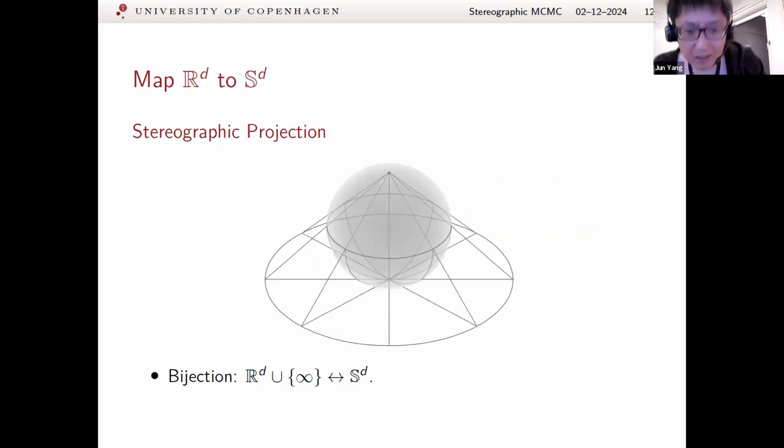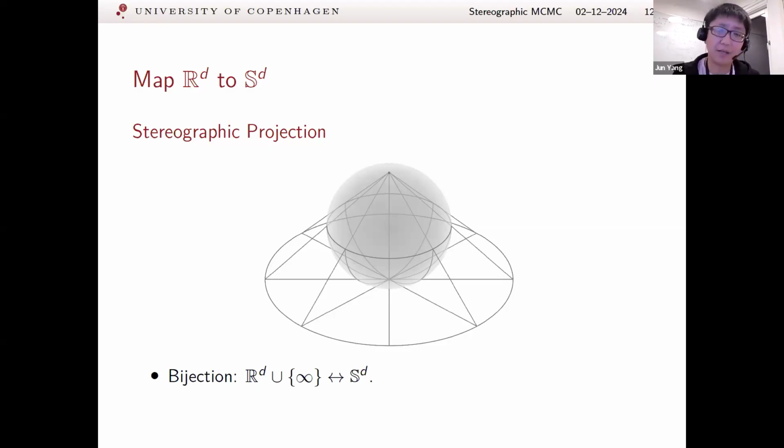Okay, so now let's go back to the new idea. This new idea from this paper uses a very simple idea. Instead of designing an MCMC algorithm in the Euclidean space, we do a simple variable transformation. We transform this Euclidean space to a compact set.